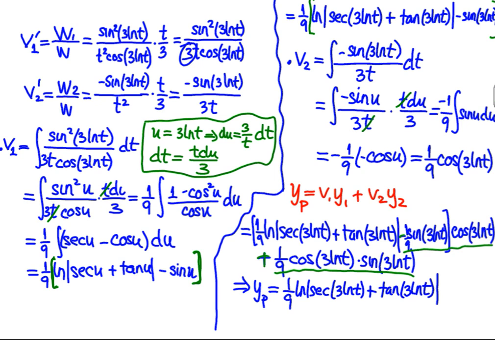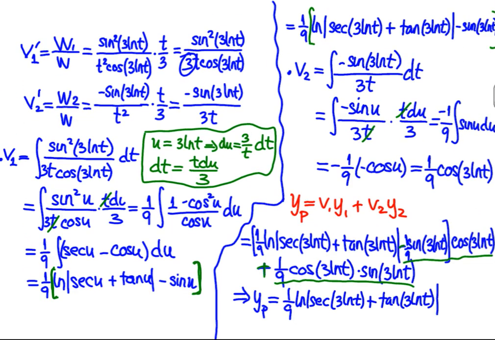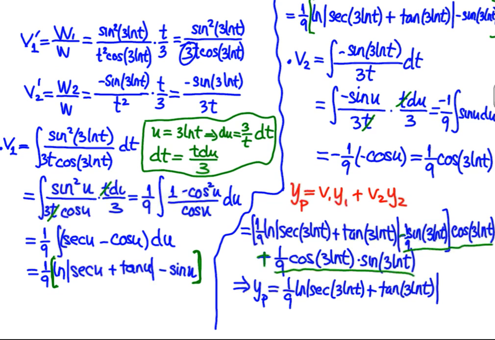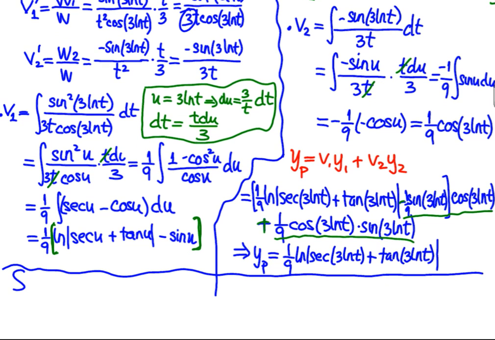So the final solution is the homogeneous solution plus the particular solution.